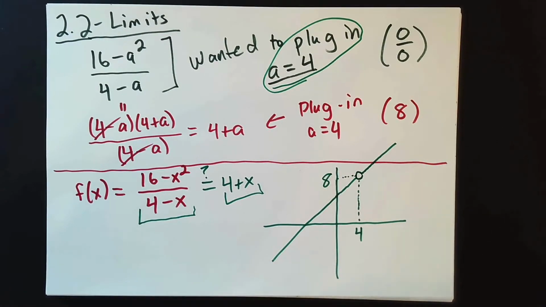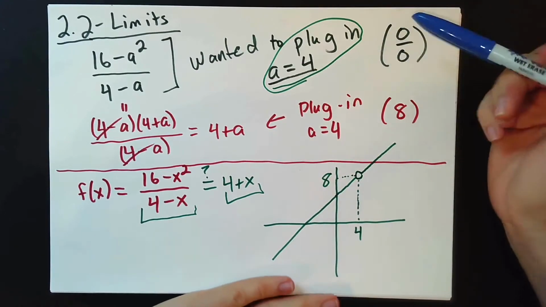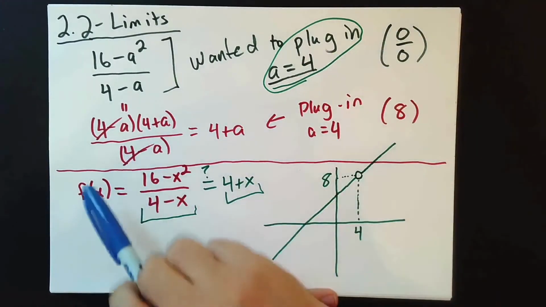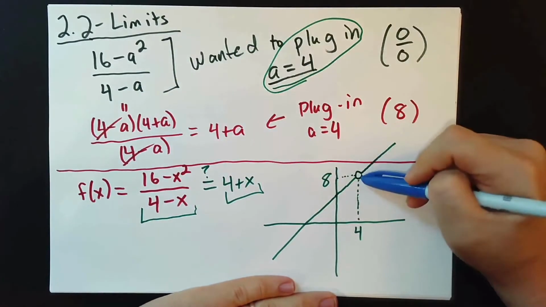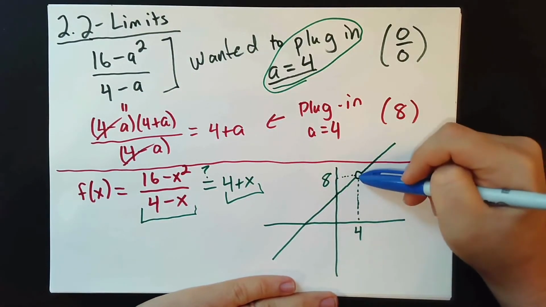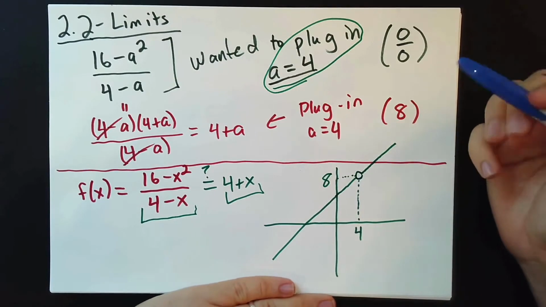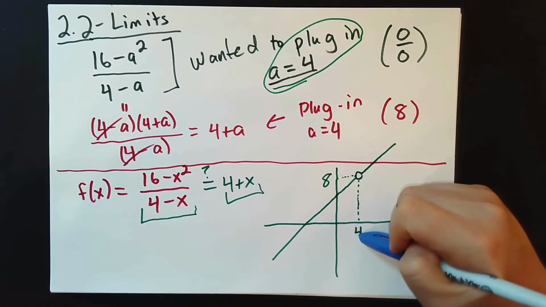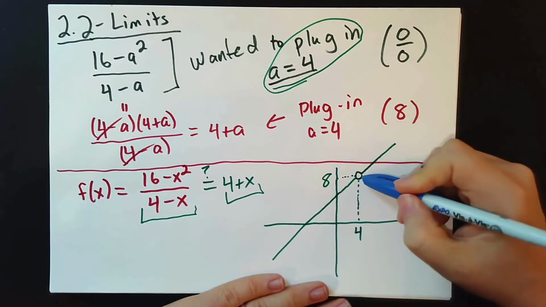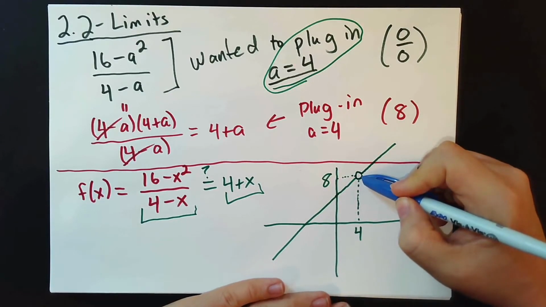So what happened before? What happened when we rewrote this? We basically found the location of this hole. And one way to think about what we're doing is instead of looking at the exact input 4, we're looking at inputs near 4. Okay.